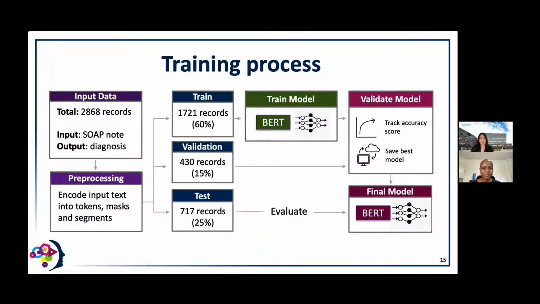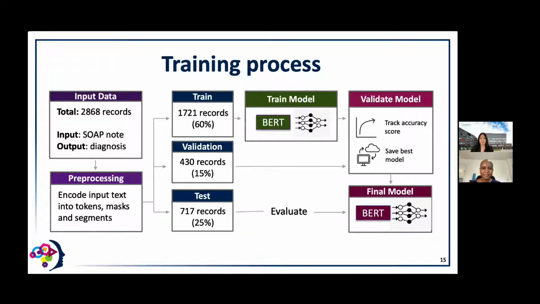And the training process itself, this is just a visual diagram of how a general machine learning training process works. We start with the input data, we do some kind of pre-processing, tokenization, and then we split it into the training set, the validation set, and the test set. And if you remember, we talked about the test set being a separate subset of the data that we put aside and we don't touch at all during the training process, because we want this to be new data that we're using to evaluate the final model.